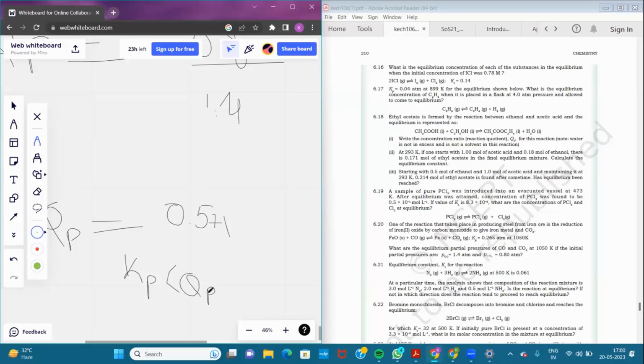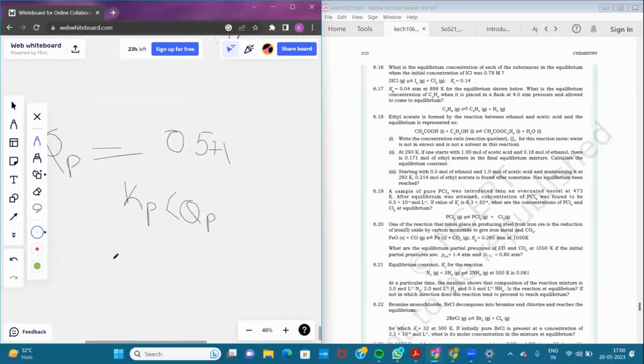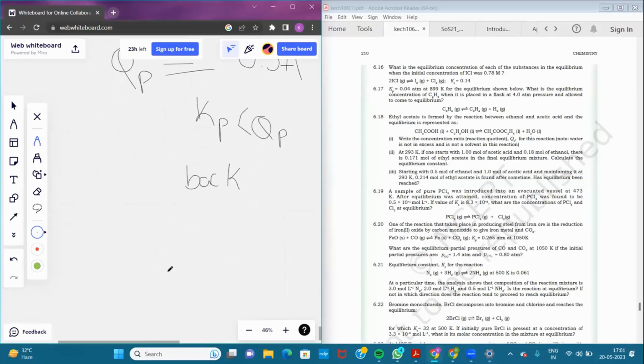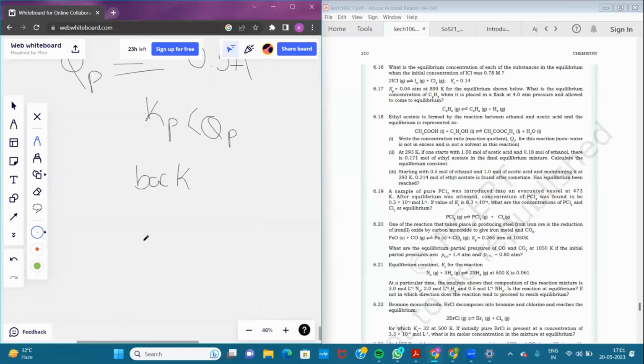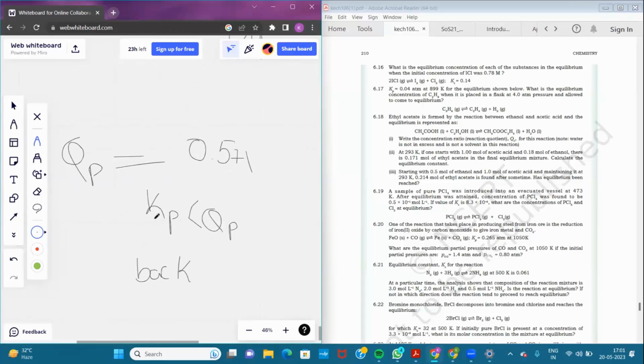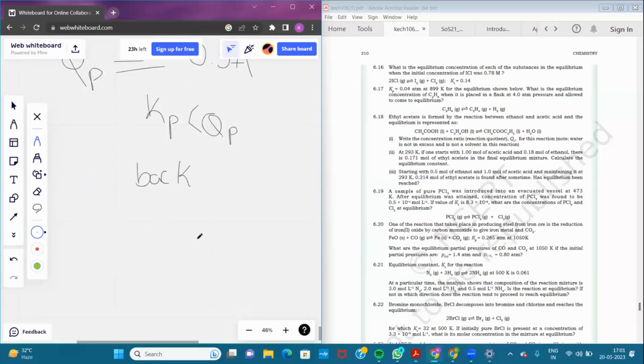That is, products are in greater concentration, so the reaction would proceed backward. So this is the backward sign. Therefore, carefully observe that it's moving backward. So CO2 pressure would decrease. I'm not writing the other terms because they were not included in the equilibrium expression. I'm concerned with only these two terms.